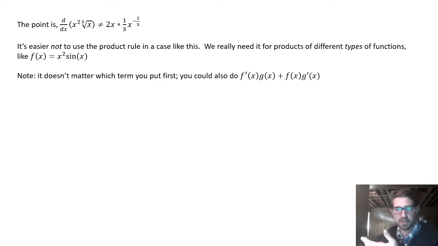Because if we did g prime times f plus f prime times g, it would still be the same thing because addition is symmetric, which should make sense because f times g better have the same derivative as g times f because multiplication works both ways. So you don't have to remember which order these two things go in. I just say it this way because it's what I'm used to. You can think about it the other way, and it's the exact same thing.